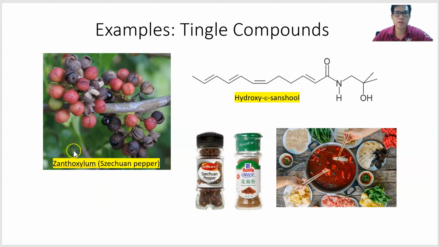For example, here you can see a Sichuan pepper, and this is the molecule inside the Sichuan pepper that gives you the tingling. When you eat it, you feel it's a bit stingy, a bit tingling.